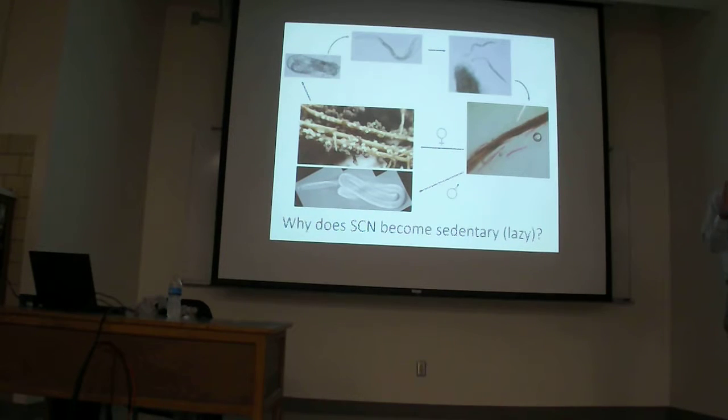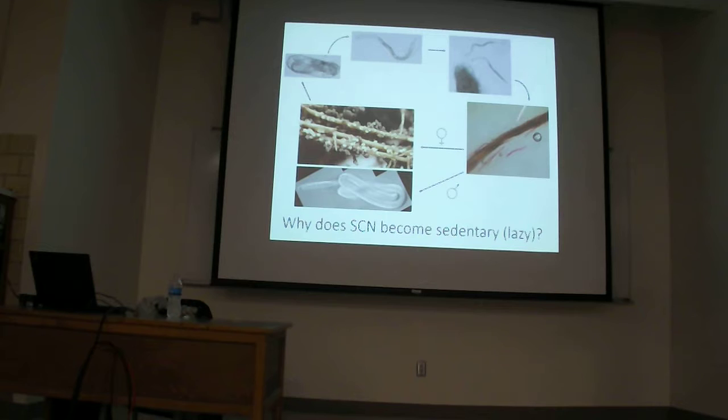So occasionally in the literature or in talks, you'll hear people talk about this phenomenon when they're introducing SCN, and they'll say that SCN undergoes muscle atrophy or muscle degeneration. Now, if you look in the literature, there's no data that actually supports that.